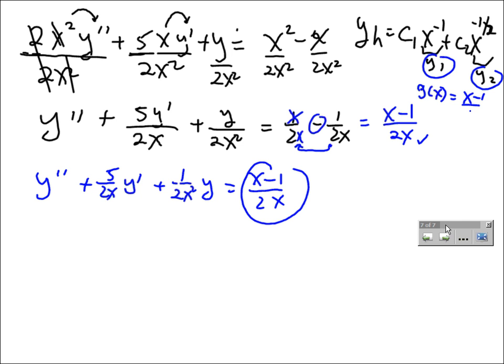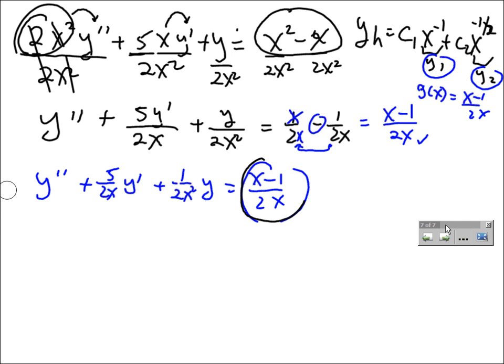It's x minus 1 over 2x. The reason we divided is because g of x is x squared minus x over 2x squared, which reduced to this.